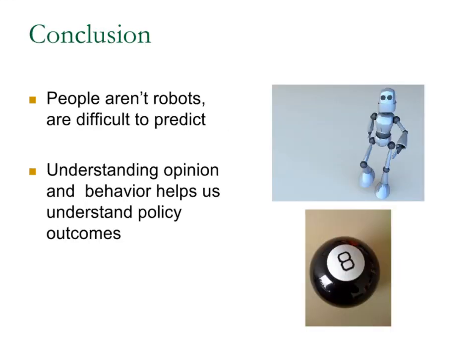In this presentation, we've looked at where opinions come from, how they're measured, and the impact those opinions have on our own actions. Now, as we understand our own behavior and the behavior of those around us, it becomes easier to understand why people behave the way that they do, why they come to the decisions that they do, what their motives are.